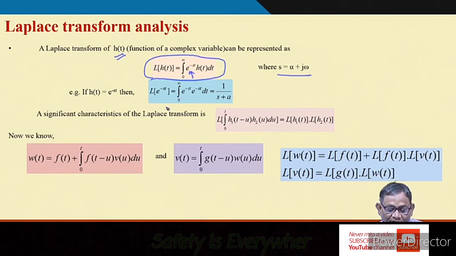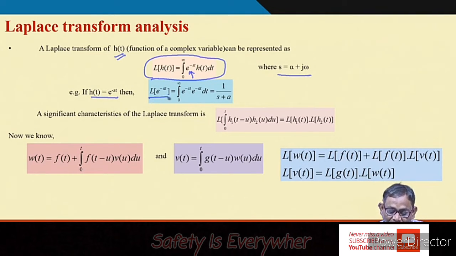h(t) can be any function of different forms. For example, if we consider that h(t) is e to the power minus a t, then for the Laplace transform of e to the power minus a t, you put h(t) here: the integral from 0 to infinity of e to the power minus s t times e to the power minus a t dt.